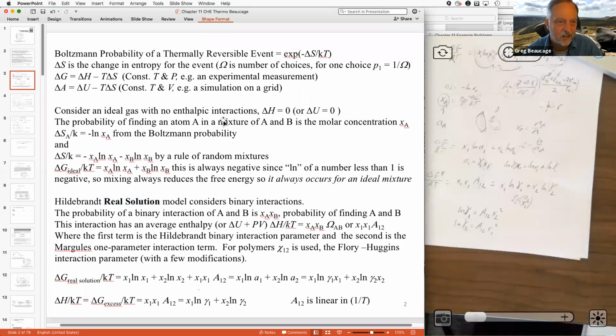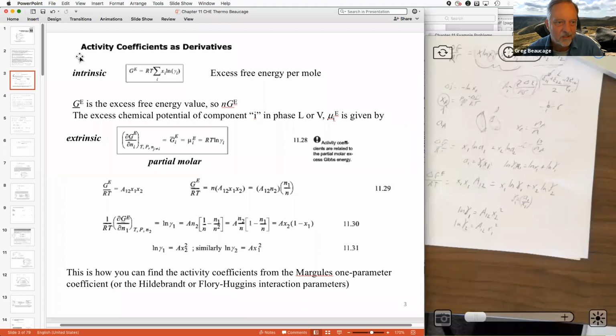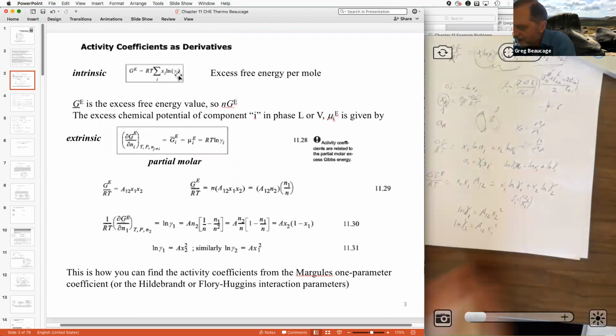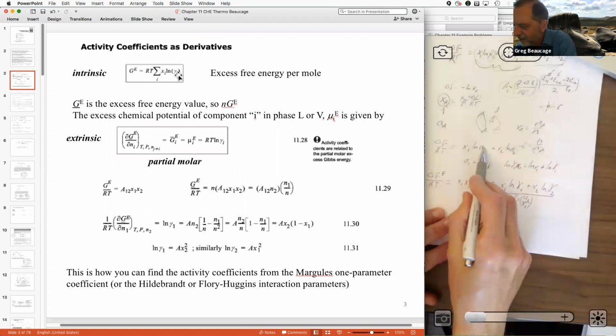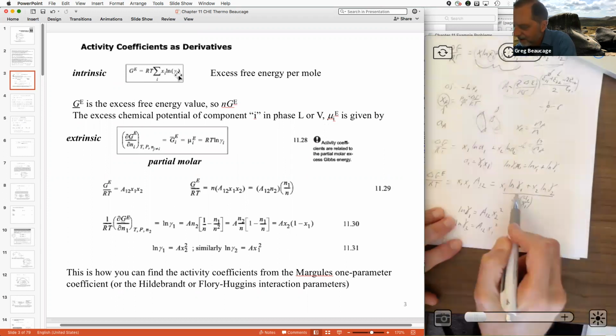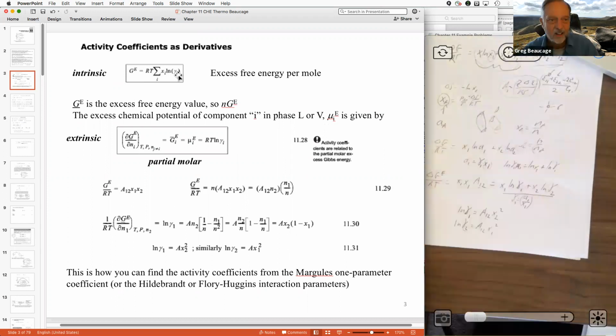So you have the intrinsic excess Gibbs energy. Right, it's going to be the sum of xi ln gamma i. That's the excess for this activity if the activity is gamma x1. So that's per mole.